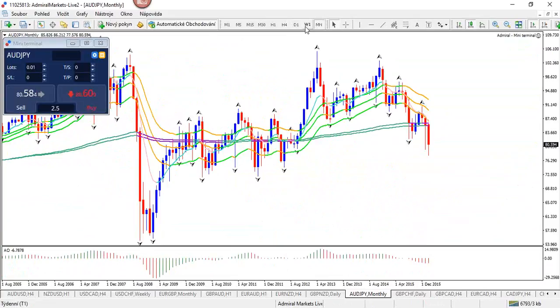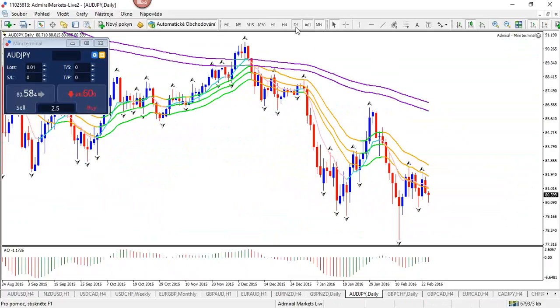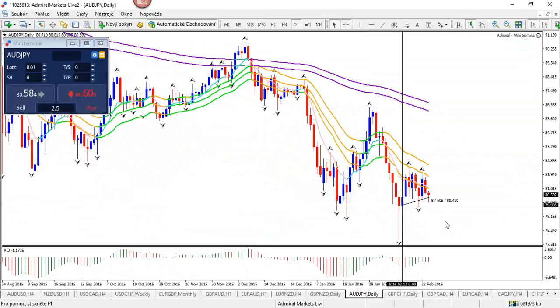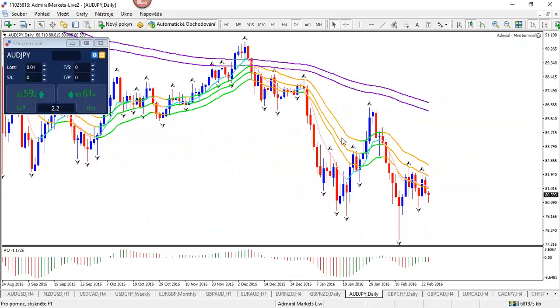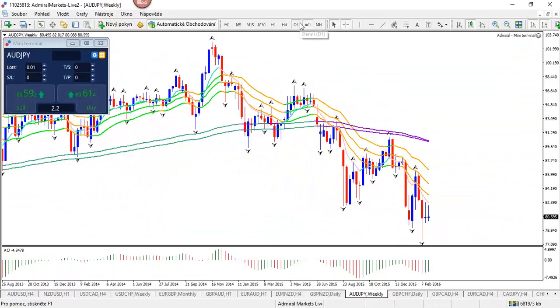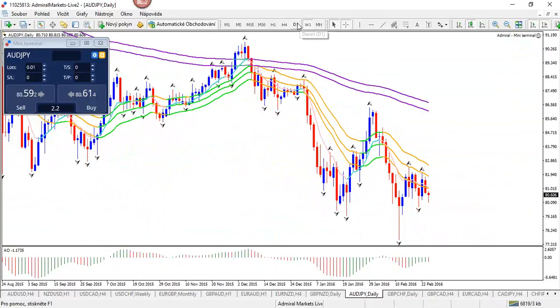Bearish mode on the weekly. Daily is in a correction though. Why? Because we got a substantial number of candles.